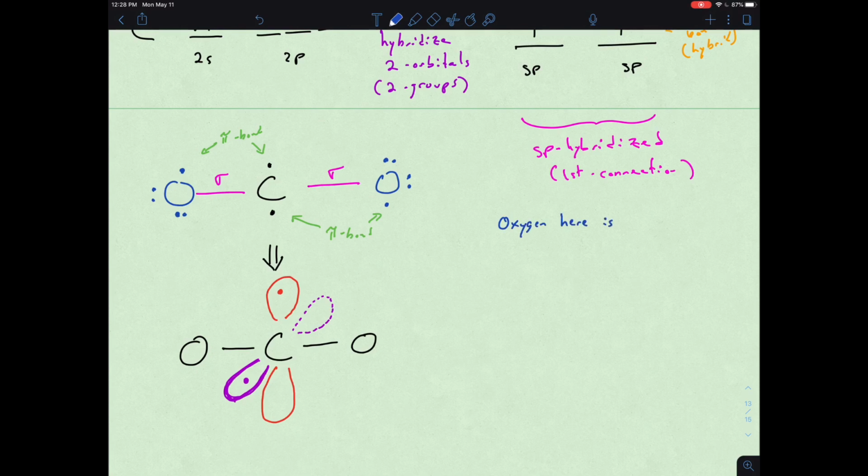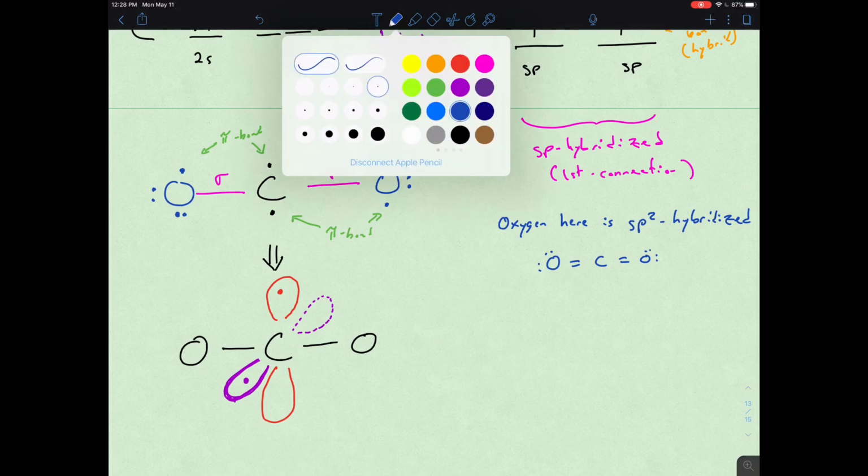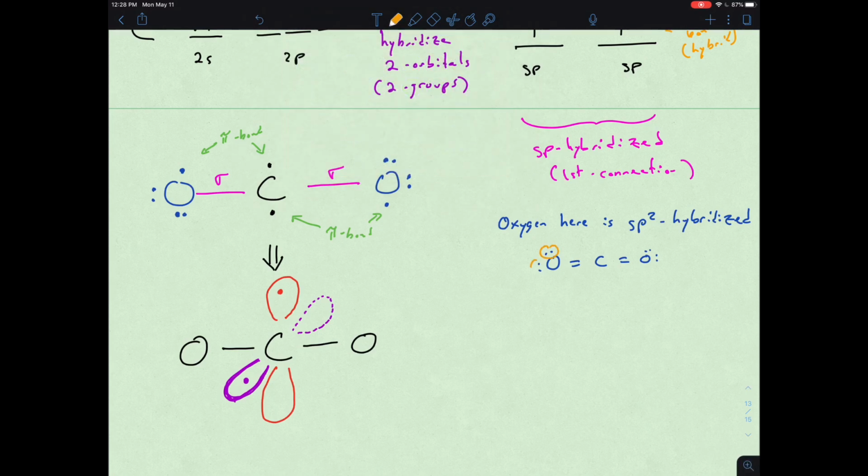Oxygen here is sp2 hybridized. If we look at each oxygen atom, we have 1, 2, 3 groups.